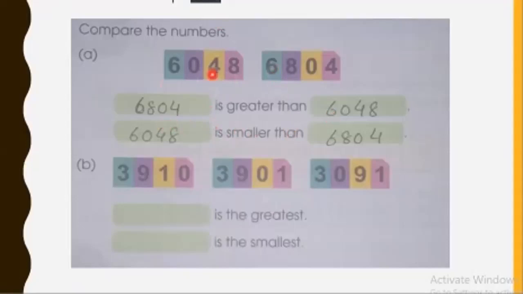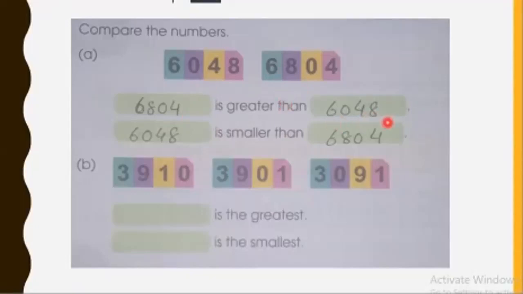There are two numbers and you tell me which is the greater number. Okay, now my students know that answer. 6804 is greater, so you write it over here. And the next value is definitely smaller than this, so you are going to write it over here.